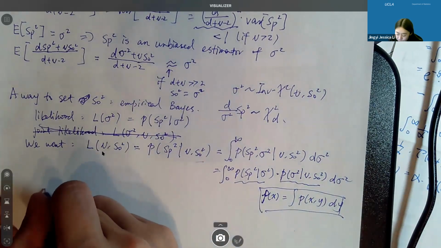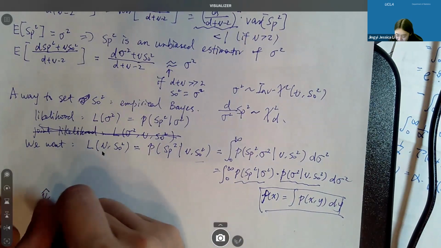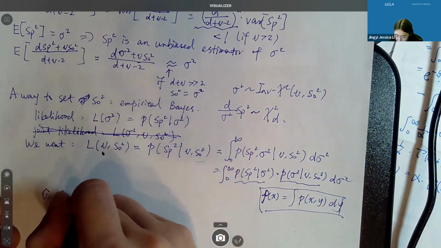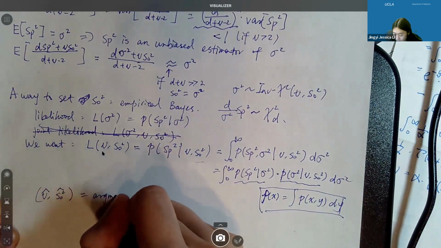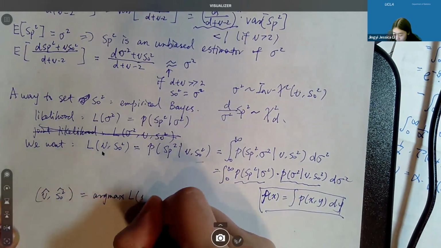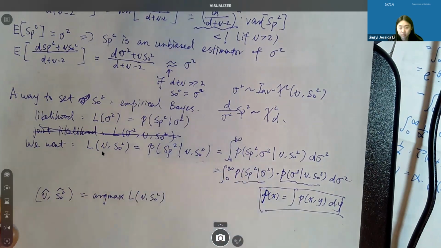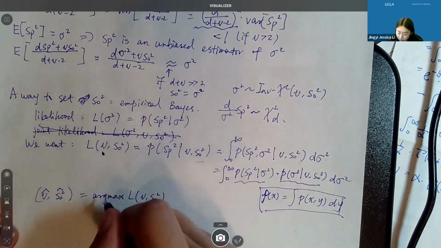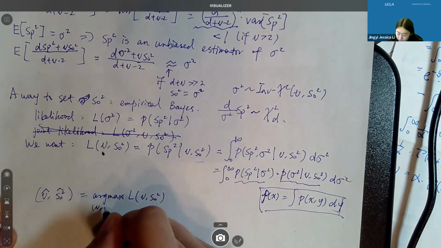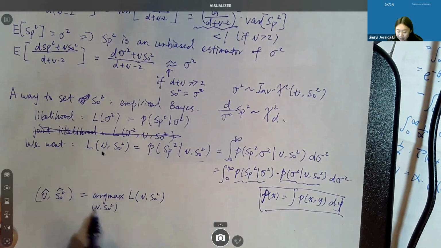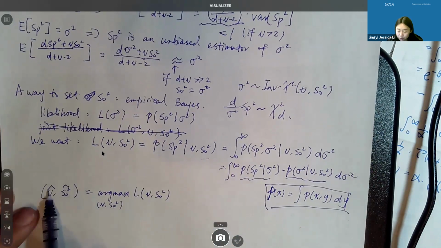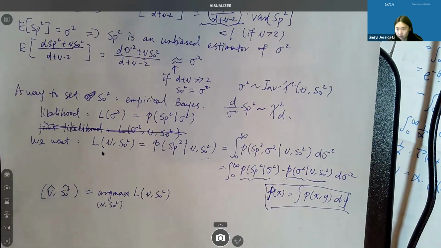So we will put V hat and S0 squared hat. This will be the maximizer of this. So basically I want to find all possible values, the pairs, such that this is maximized. And then I will take those two values into my prior.